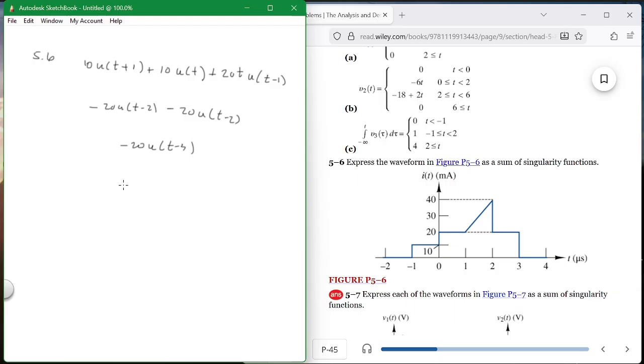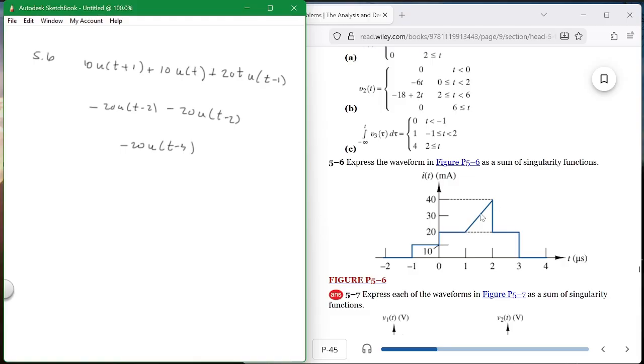This could be an r, right? I don't care, r or t. On the minuses though, does it just go straight down 40? Shouldn't one of the minus 20s have a t in there? Yeah, that's what I'm saying. One of them cancels out the ramp and one of them goes down. You just wrote the same thing twice.